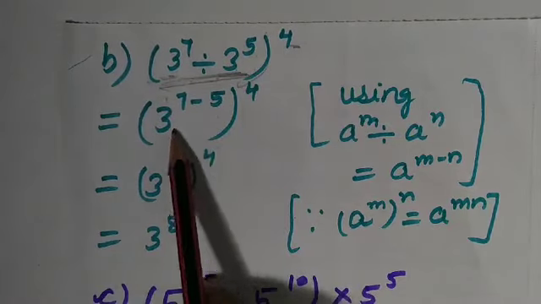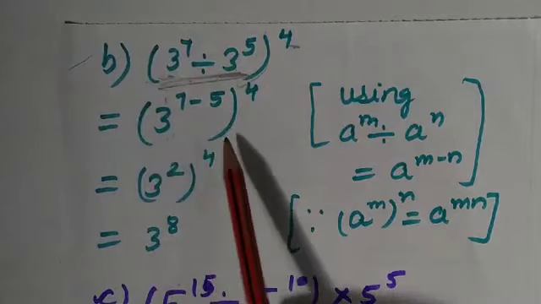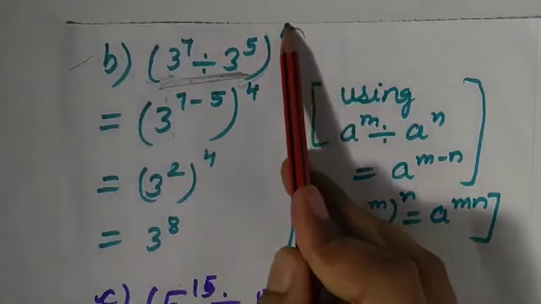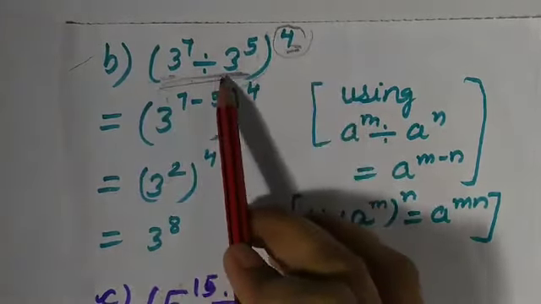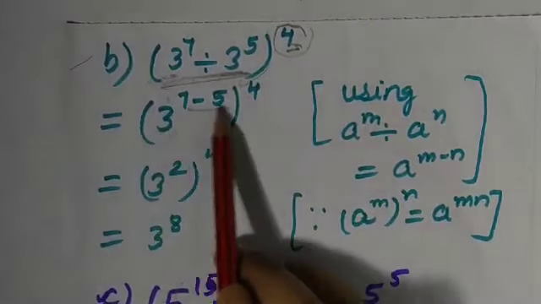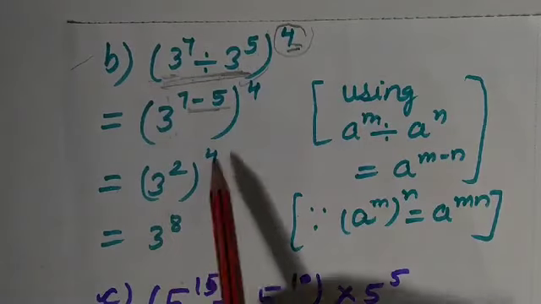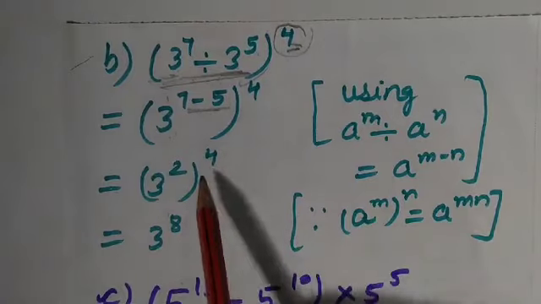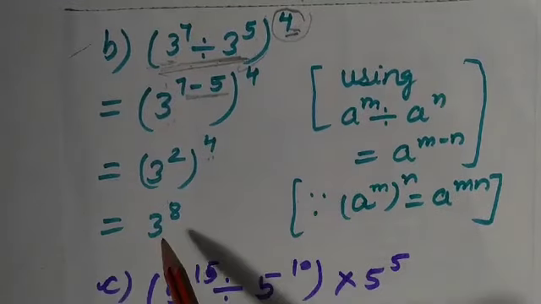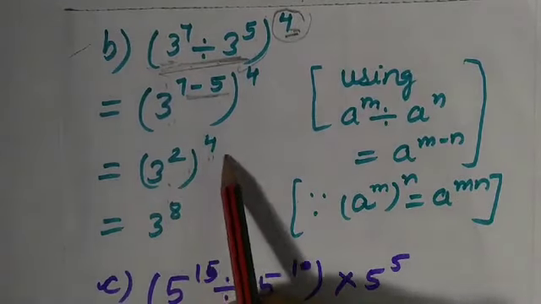So it will be 3 raised to the power 7 minus 5, and the power 4 on the whole remains same. So it will be 3 raised to the power 7 minus 5, which is 2, whole to the power 4. Now we have 3 raised to the power 2 and to the power 4.